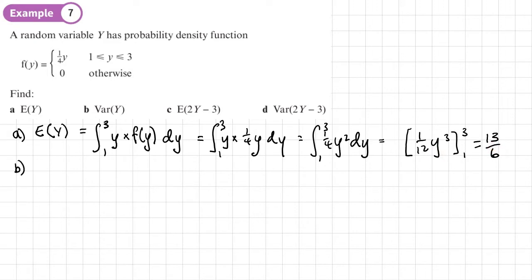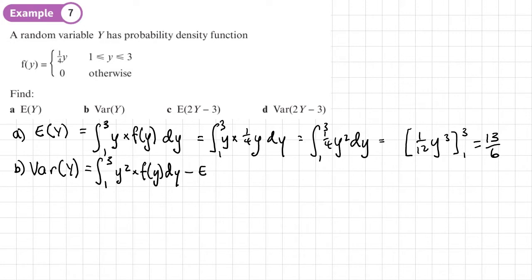Part B, the variance of y. So that's going to be between the limits of 1 and 3, y squared times f of y dy, minus the mean squared. So we're going to subtract 13/6.